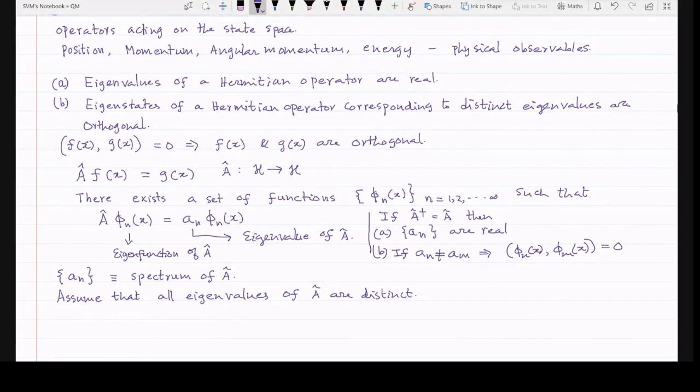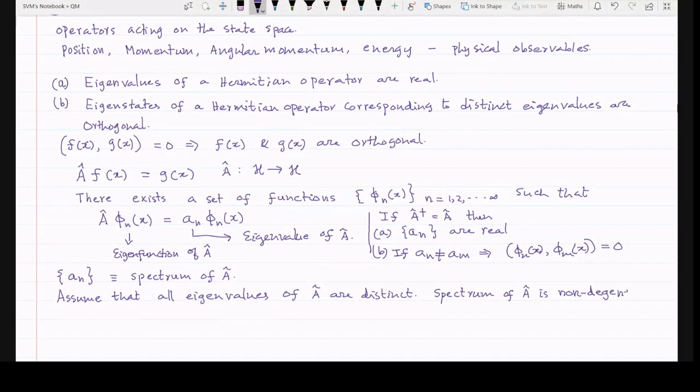There's another way of writing this: the spectrum of A, we say, is non-degenerate. That means there are no two eigenvalues that are the same.